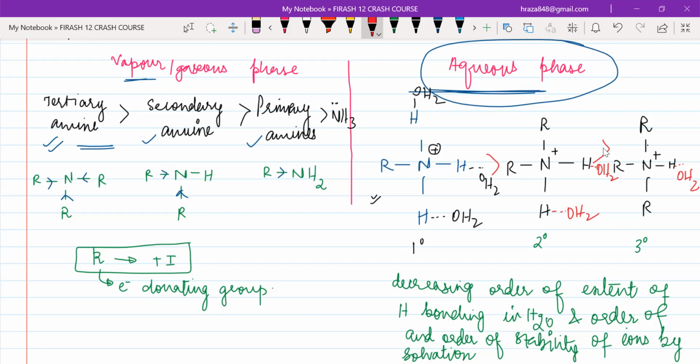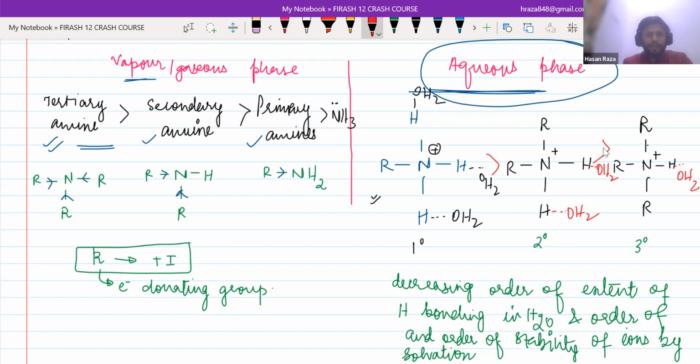So what I want to tell you is that if the conjugate base of an acid is more stable, that means the acid from which this stable conjugate base comes is more acidic.